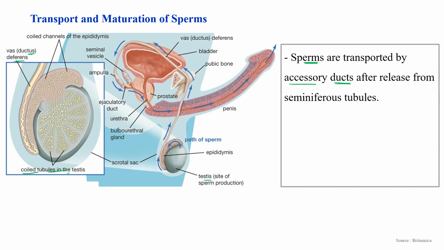This is the testes, the sperm production site, and through the epididymis the sperm moves towards the vas deferens, then the ejaculatory duct. Then secretions released by various glands, the seminal vesicles and bulbourethral glands, are added in between, and the whole content is then passed through the external genitalia.